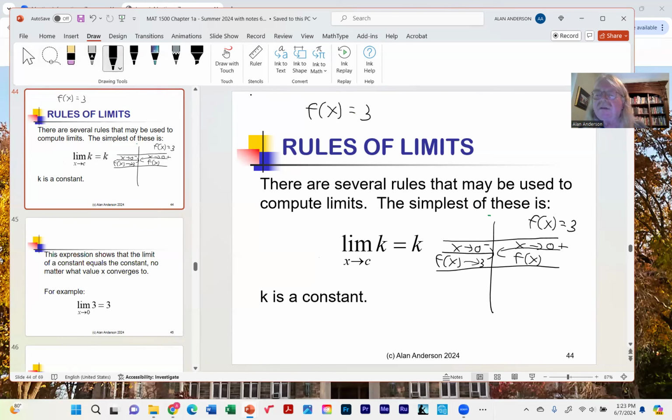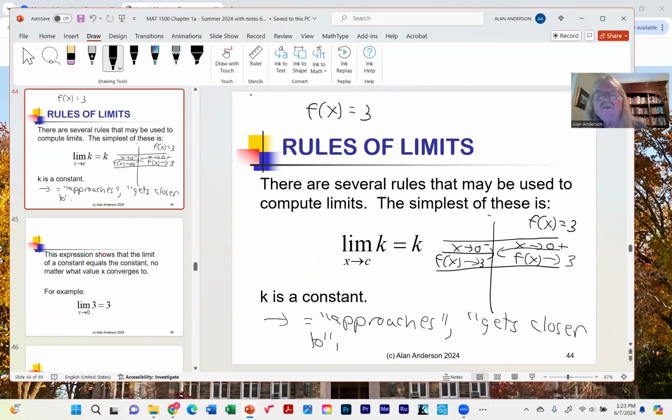So we pronounce it approaches, gets closer to, converges to, they all mean the same thing. In other words, we're moving in that direction, either from the left or from the right, and we're getting closer to that value.